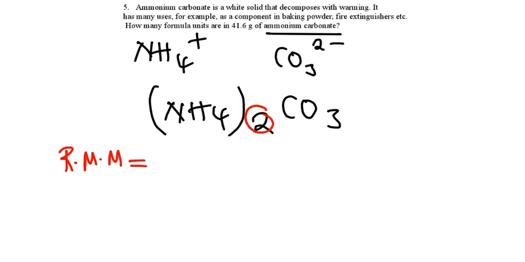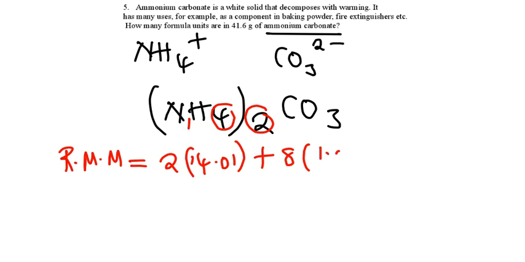So we've got these 2. So 2 times the molar mass of nitrogen. If I check my periodic table, it's 14.01. And then 2 times the 4 there gives us 8 hydrogens. My periodic table tells me it's 1.009 grams per mole. And then carbon, my periodic table tells me it's 12.01.